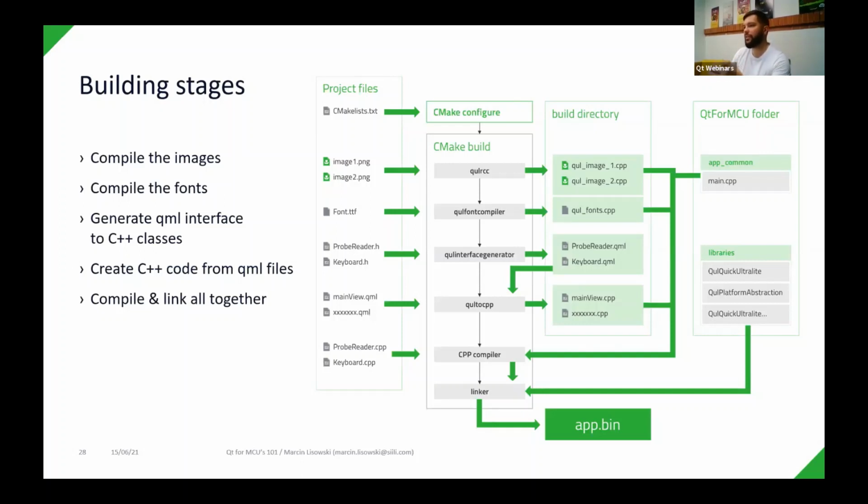The first thing in the compilation process is to compile your assets. Any PNG, JPEG, or any other images will go through the tool called QRCC. This tool converts your PNG and other files to the formats that are known to Qt for MCUs.